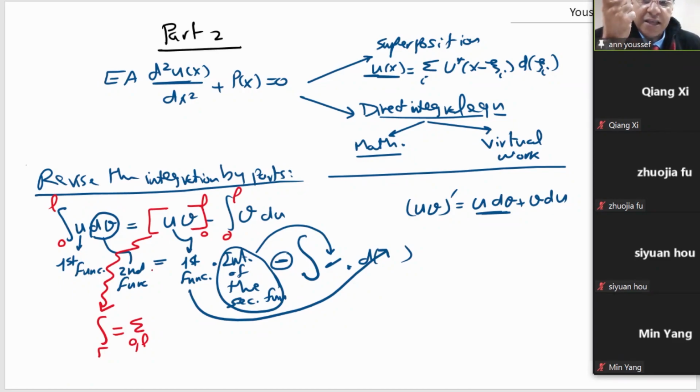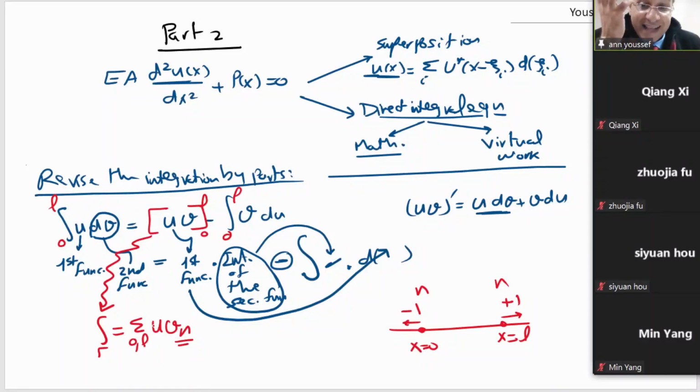From where does the minus come? We actually talk about the summation. It is a summation of u and v times the normal, because the normal to the beam at x equals 0 is equal to minus 1, and at x equal to L, the normal is equal to 1. So practically, this square bracket, when we substitute with the upper limit and the lower limit, is actually an integral over the boundary, a summation at the boundary points of the integrands times the normal.